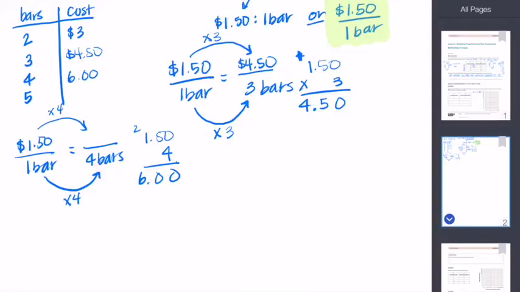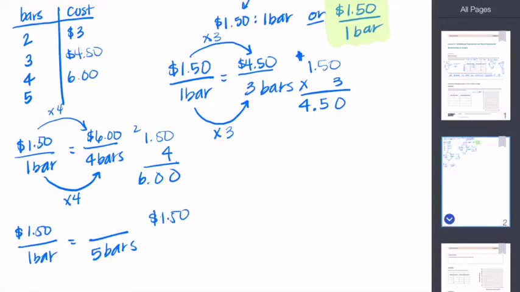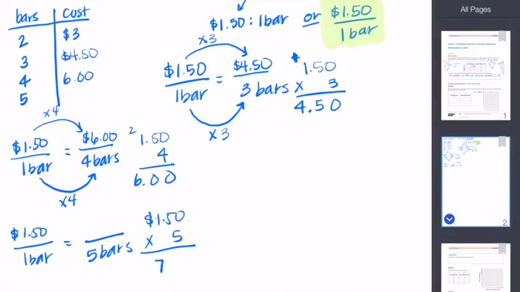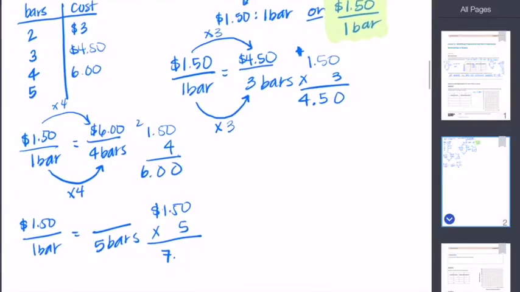Okay, and our last one. Put this in here, keep it complete. $1.50 times 5, I should get $7.50.